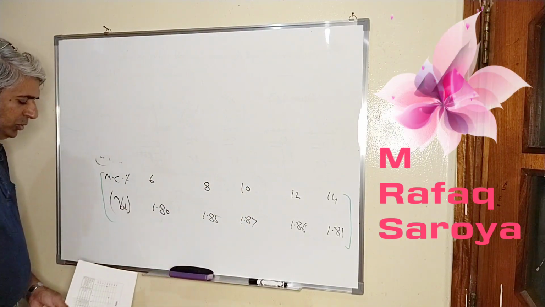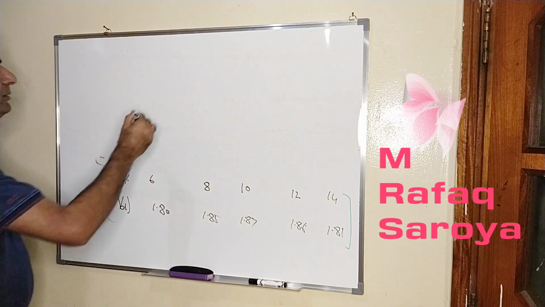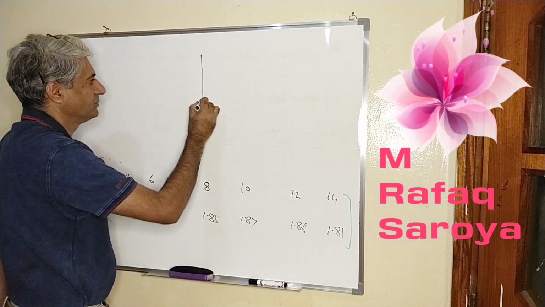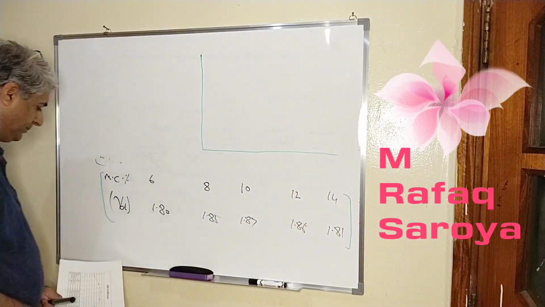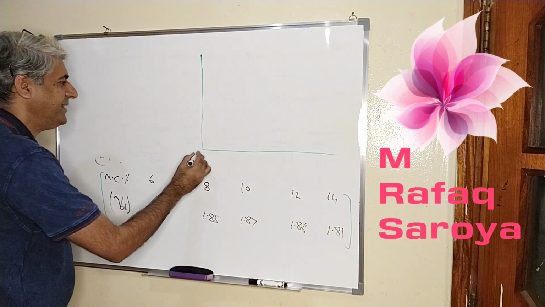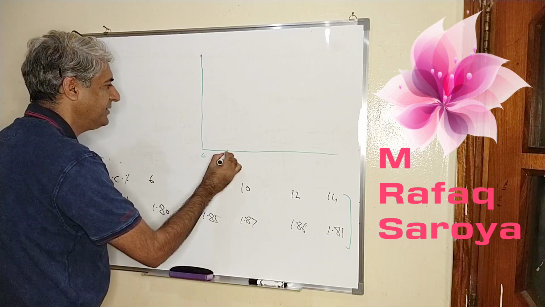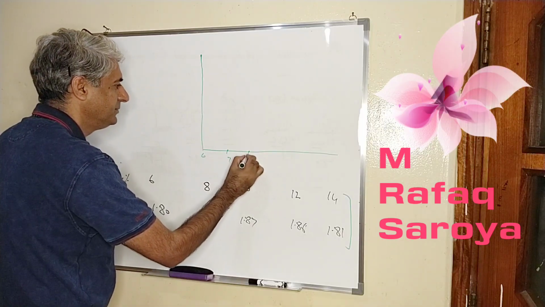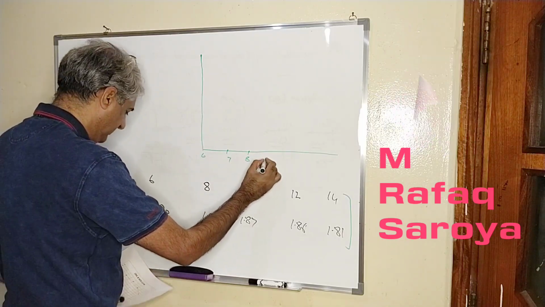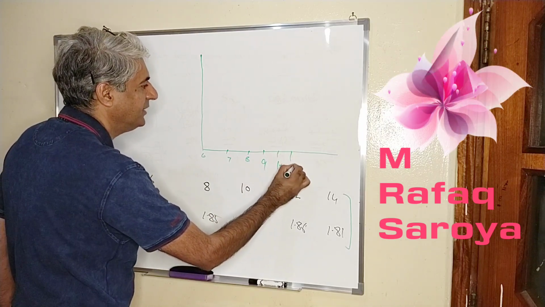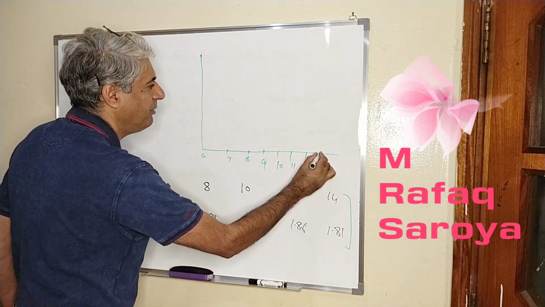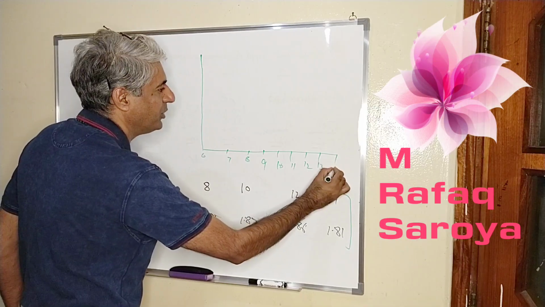Now let me show you how this graph will look. Along the x-axis, 6, 7, 8, 9, 10, 11, 12, 13 and 14.